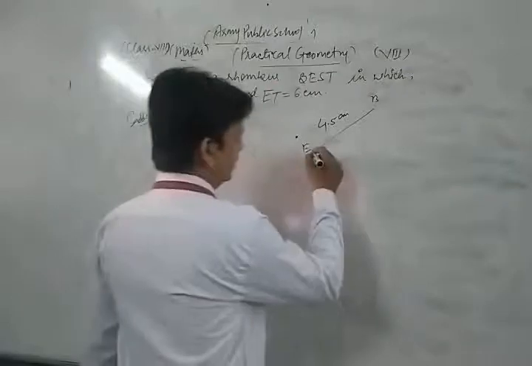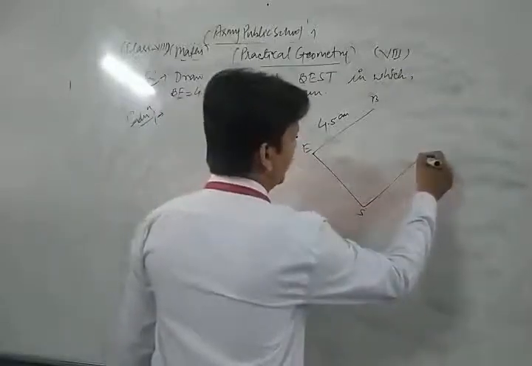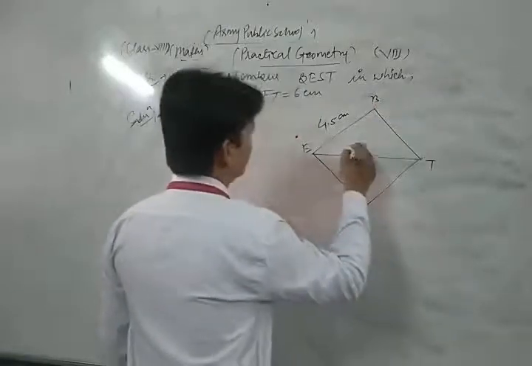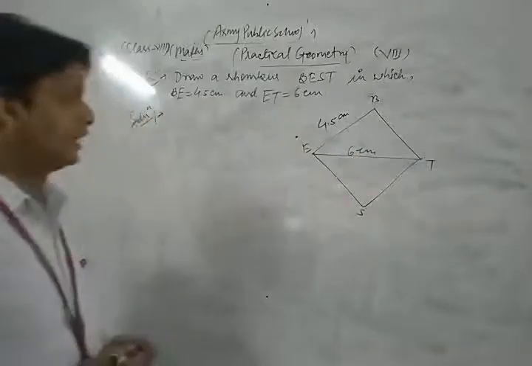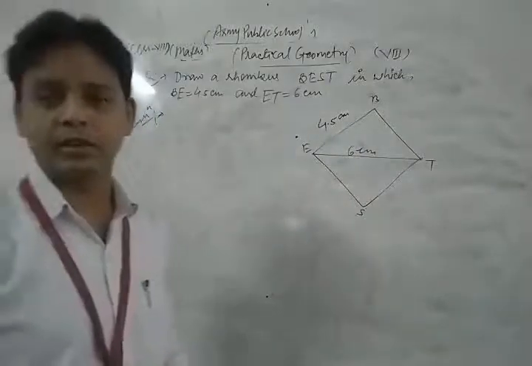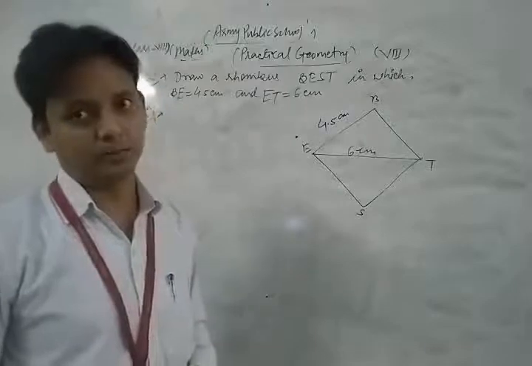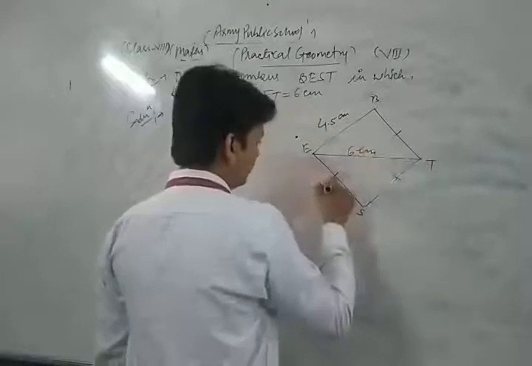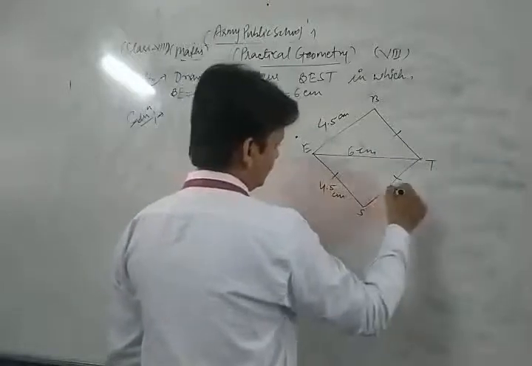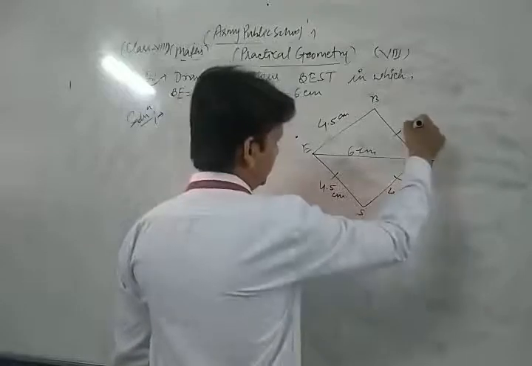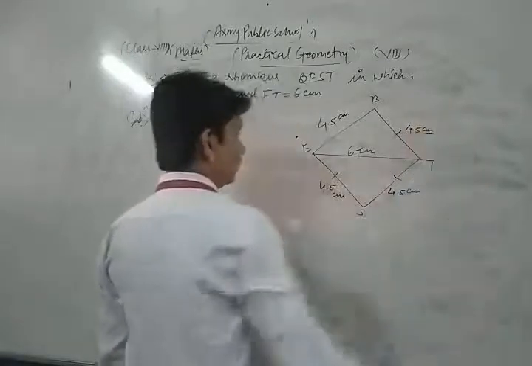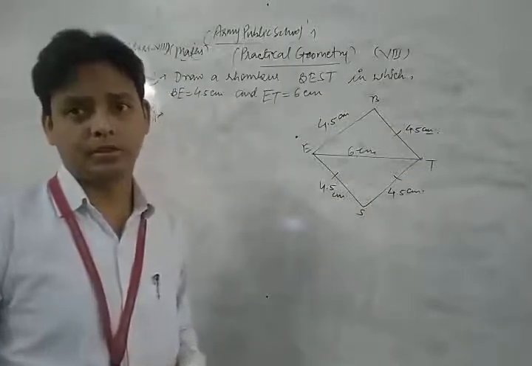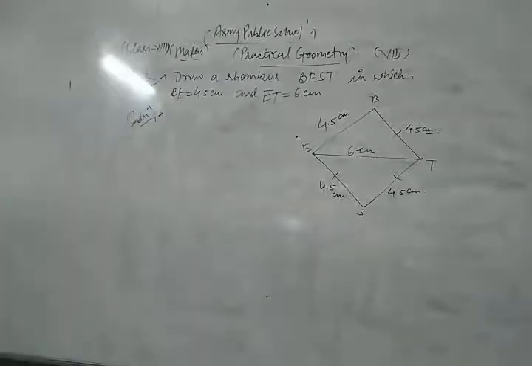This is S and this is T, and ET is equal to 6 centimeter. In a rhombus, opposite sides are also parallel to each other, and all sides are equal. So this is 4.5, this is also 4.5, this is also 4.5 centimeter. This is a very important concept related to this chapter.